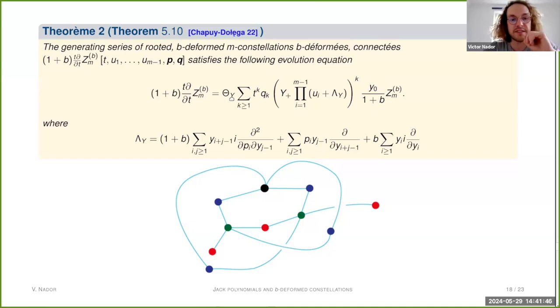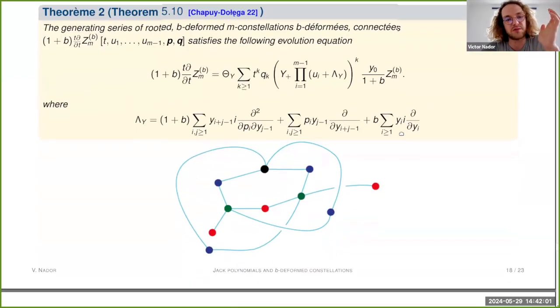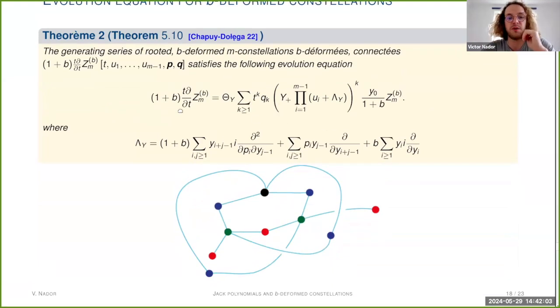So when you look at that, you can really kind of think of this equation as containing a countable set of third-like equations. And this is why, with Valentin Bonhomme, we wanted to look at this equation to try to extract constraints starting from this equation.